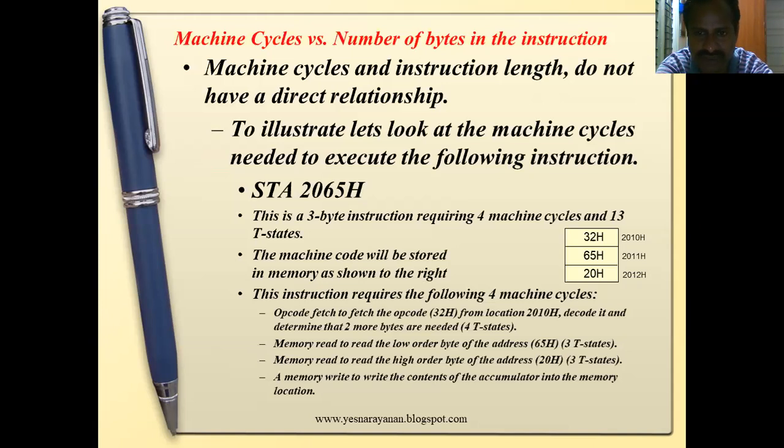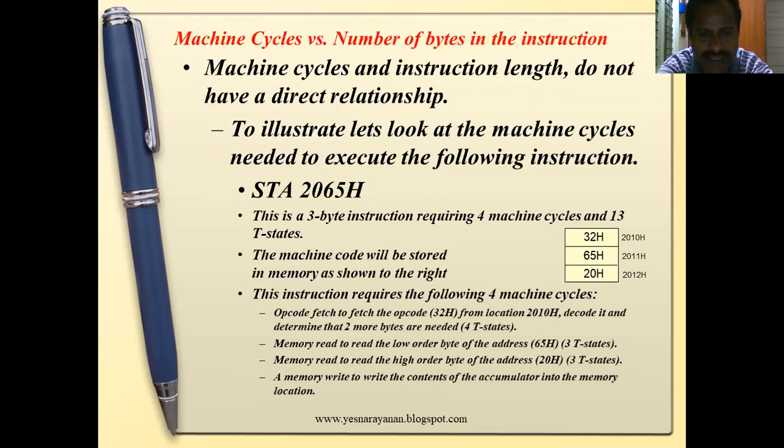In 2010, 32 is stored. In 2011, 65H is stored. In 2012, 20 is stored. This instruction requires the following 4 machine cycles. The opcode fetch, to fetch the opcode 32H from location 2010, decode it and determine that two more bytes are needed.